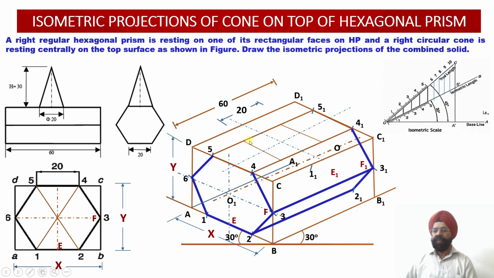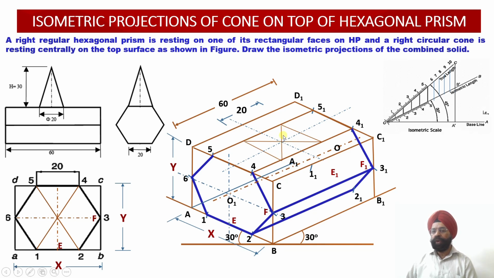Now once I draw the square, I know that using the 4 center method I can draw an ellipse in the square that exists over here. Even though I have drawn a square over here, the square appears to be a rhombus in the isometric projection, and when I join the two diagonals of this rhombus, please check, this is a major diagonal, this is a minor diagonal.